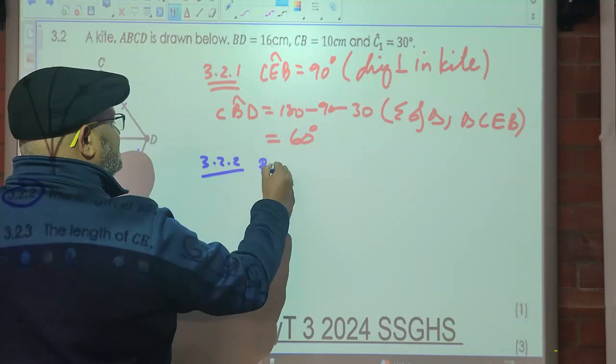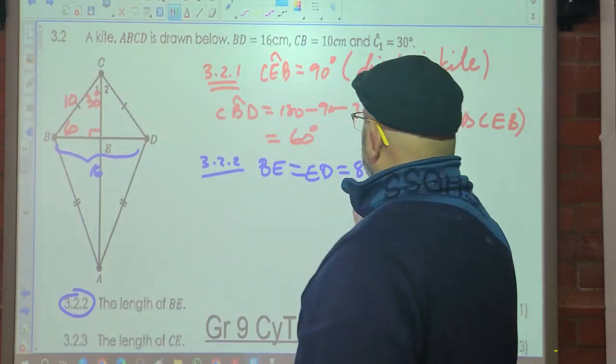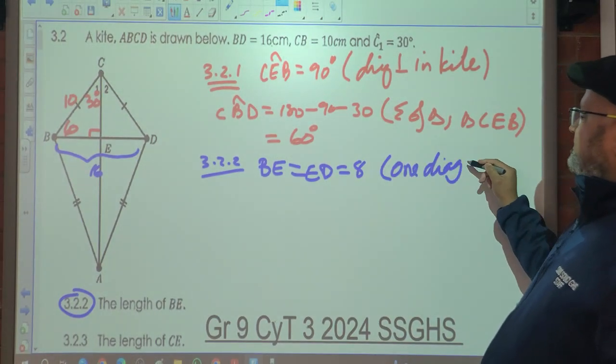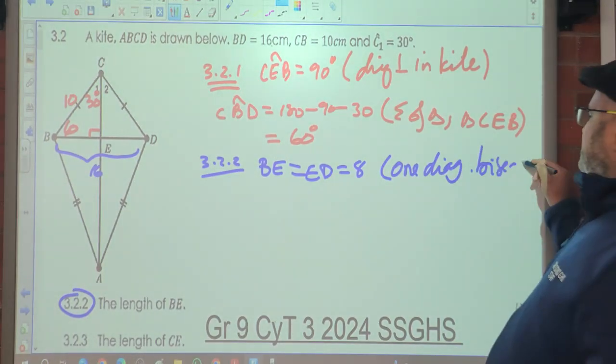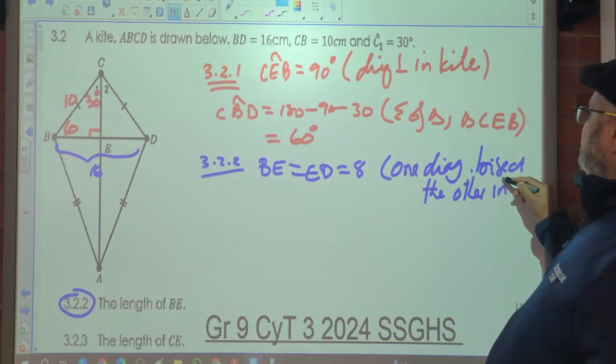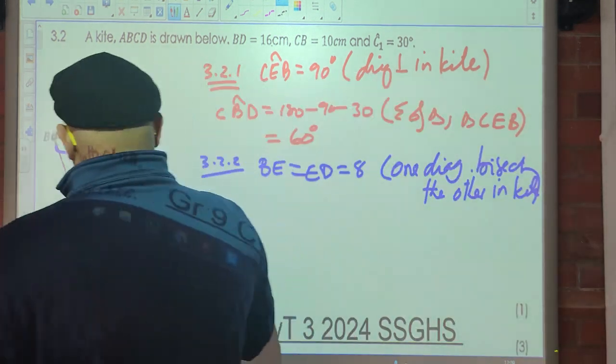So BE is the same as ED, which is the same as 8. Why? Because one diagonal bisects the other in a kite. Okay, so there's 8 now.